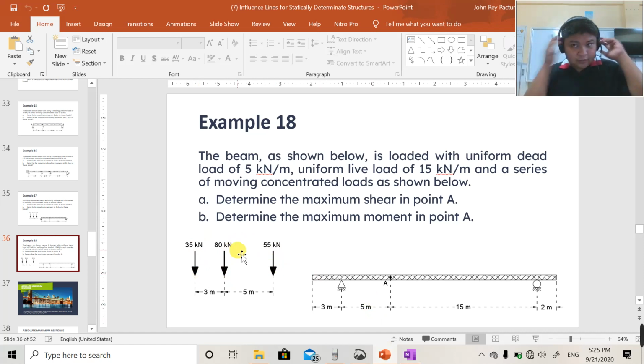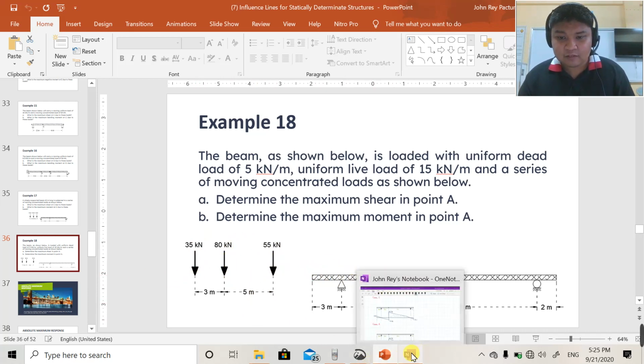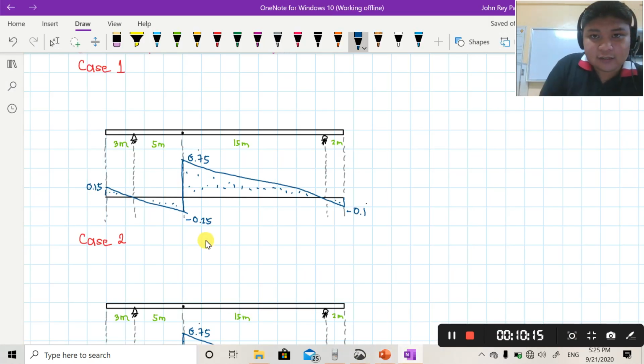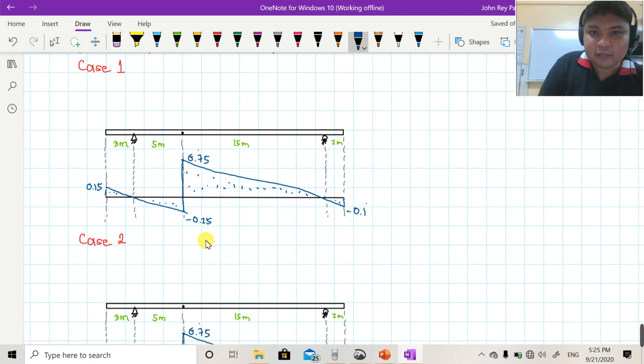Based sa observation natin, the 55 will be located at A, yung 80, 5 meters and 35. So dapat ma-preserve yung distance sa pagitan ng tatlo.